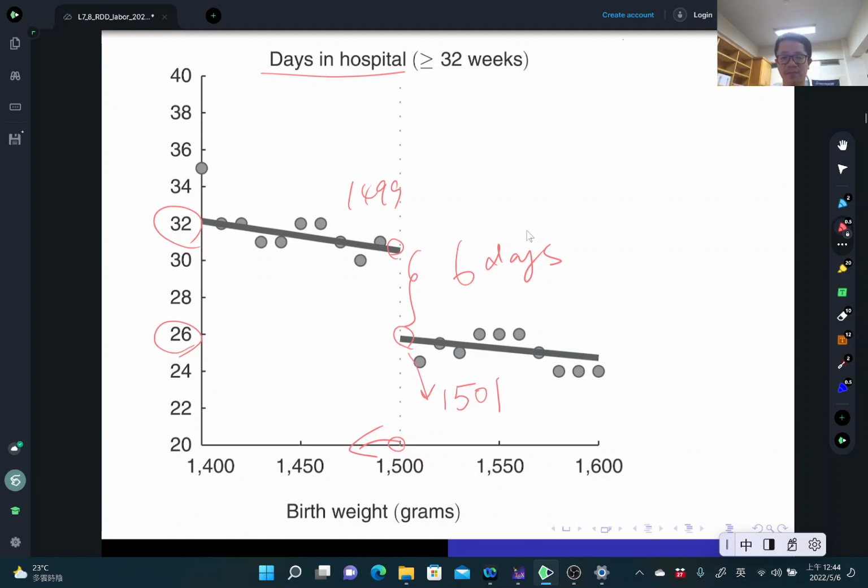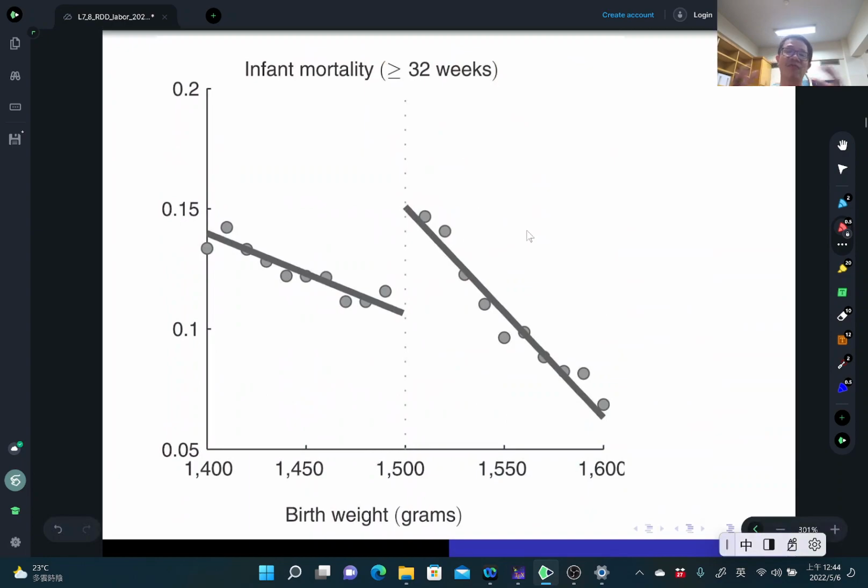So here is just an example. They find that longer hospital stays make the mortality rate much lower, and this gap is quite large. On average, if you stay in hospital longer, the death rate is 10%.